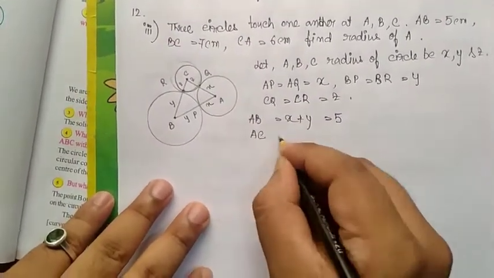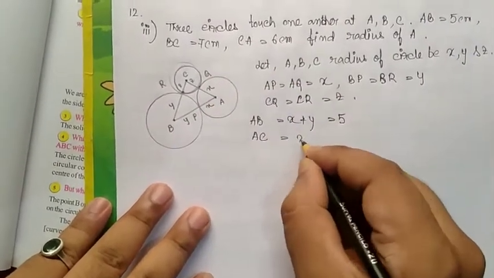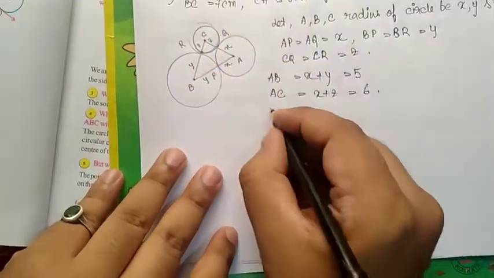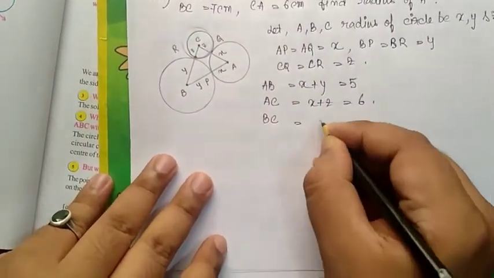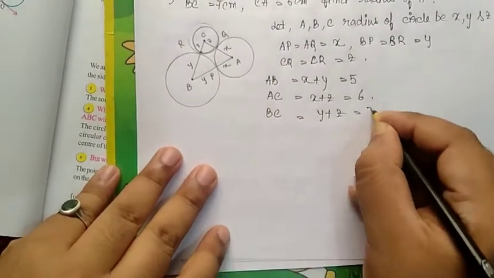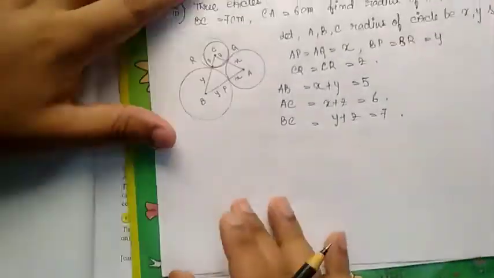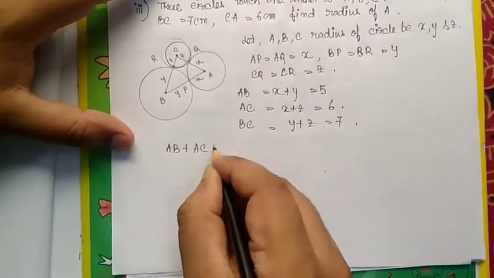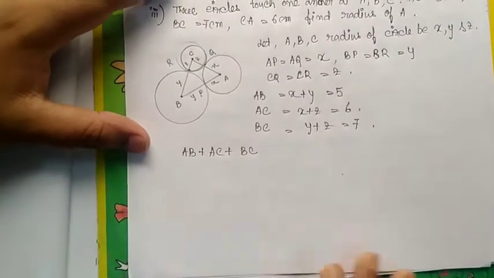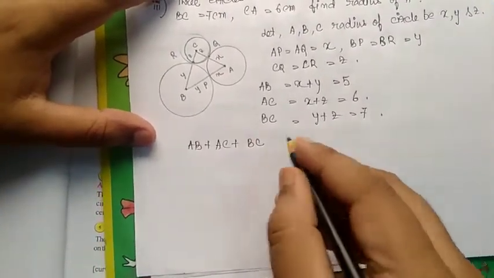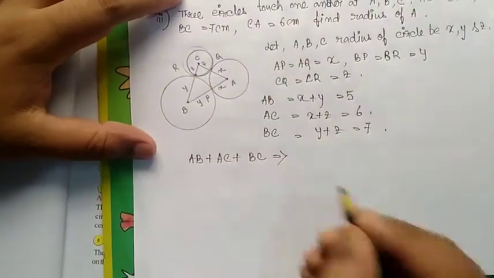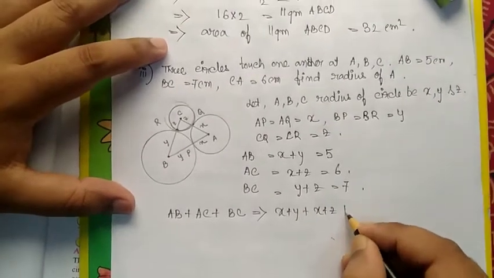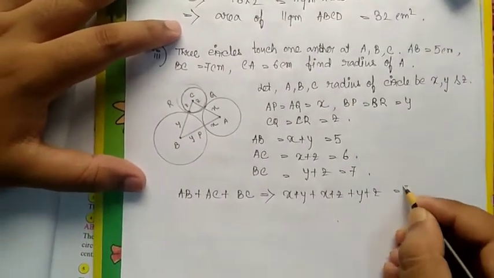AC means X plus Z equal to 6, and BC means Y plus Z equal to 7. So if we're gonna add this, we get X plus Y plus X plus Z plus Y plus Z equal to 5 plus 6 plus 7.